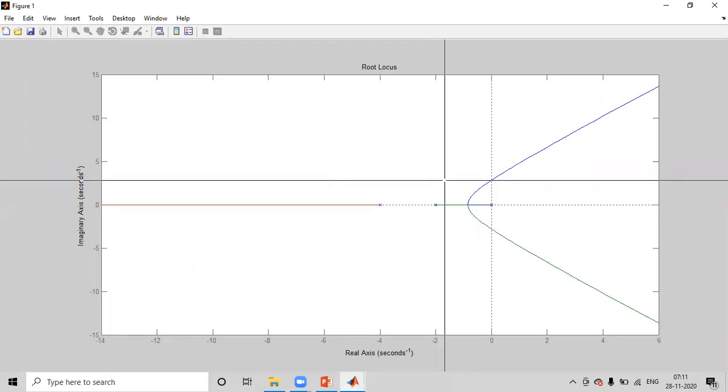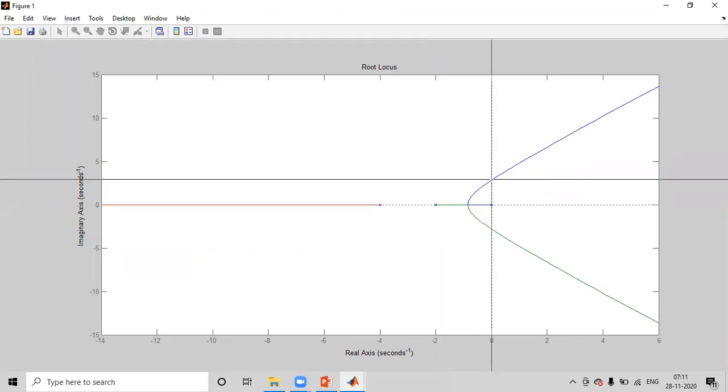This is the imaginary axis crossing point, and here we need to identify the value of k. So now I'm placing it here.